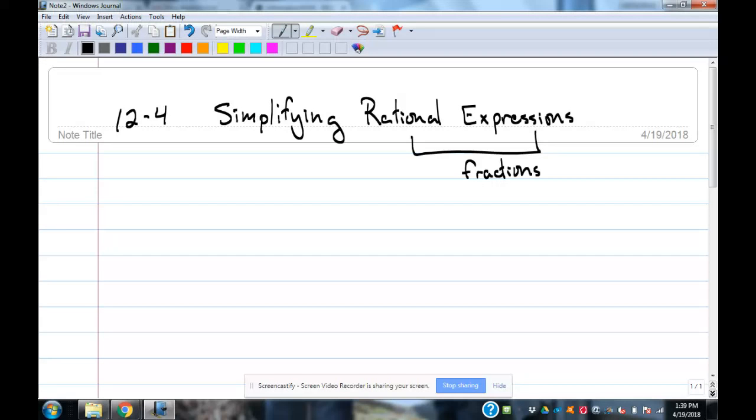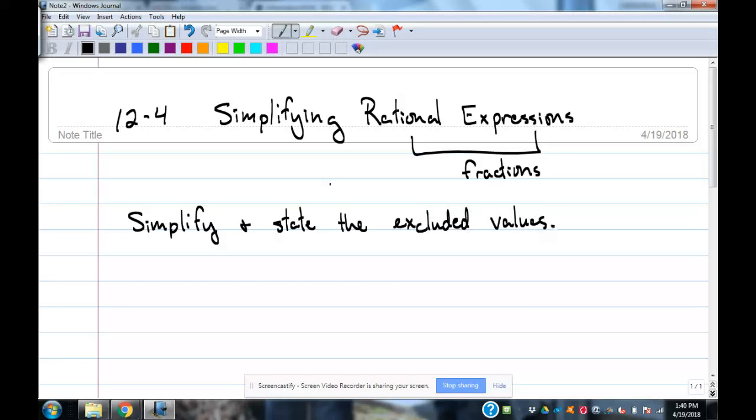And when you're simplifying rational expressions, the instructions will read simplify and state the excluded values.